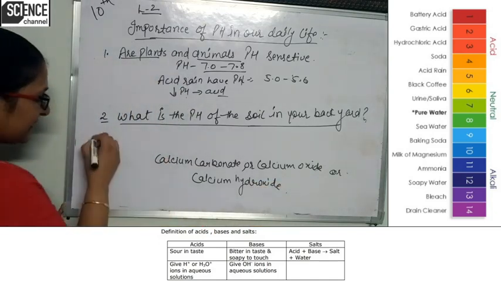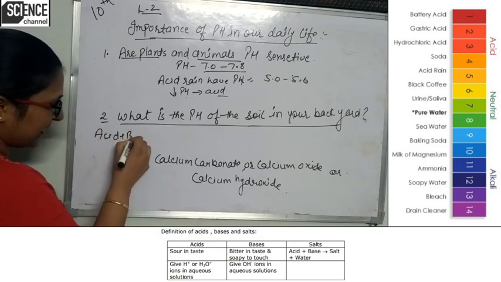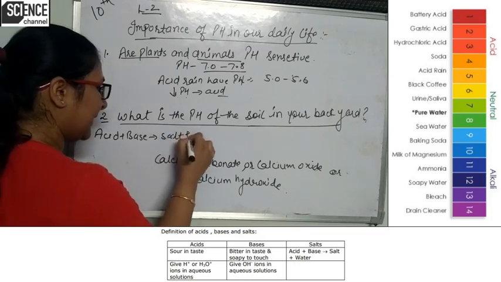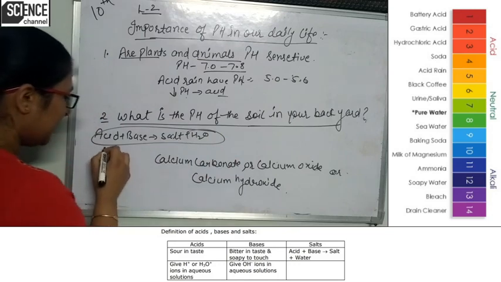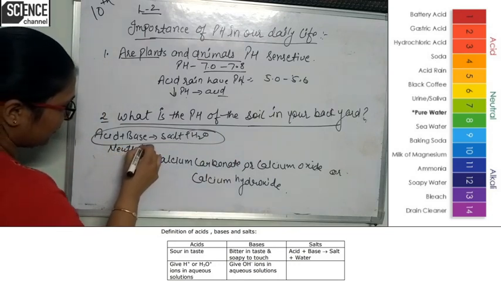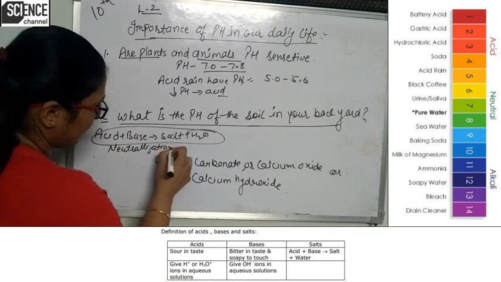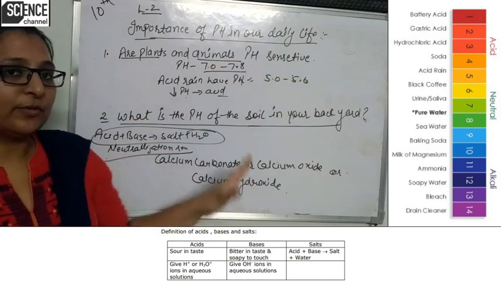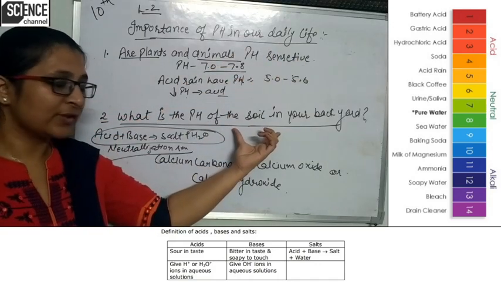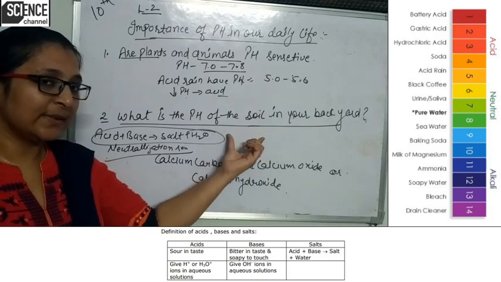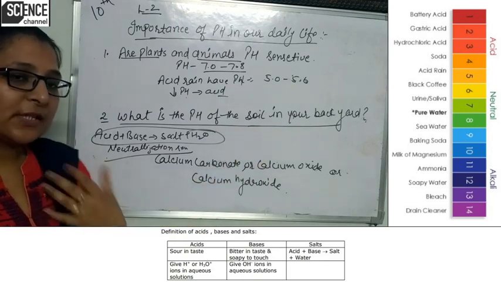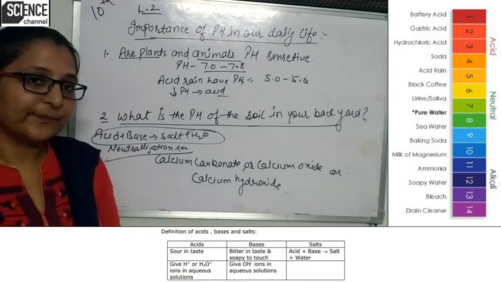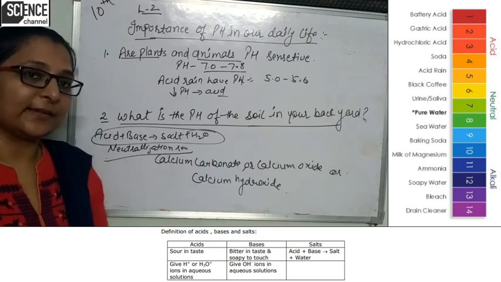Now, we have already discussed that acid plus base gives salt and water. That reaction is called a neutralization reaction. In each and every question, we have to neutralize. Now the soil becomes acidic, having a lesser pH value due to continuous cultivation and acid rain. What should we do to neutralize that effect?